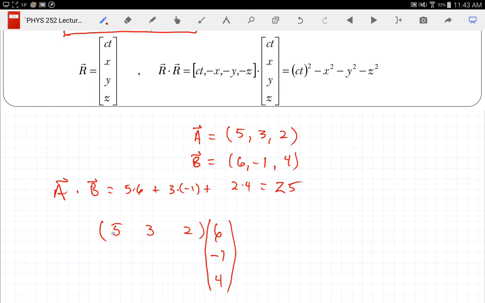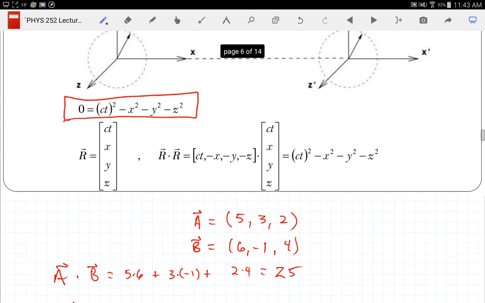So now we would take this, and for multiplying matrices or vectors, the first one, second one, third one. And so it gives you the same thing. And so that's how you would write A dot B traditionally. Well, with the 4 vectors, we don't just transpose to go from a column to a row.